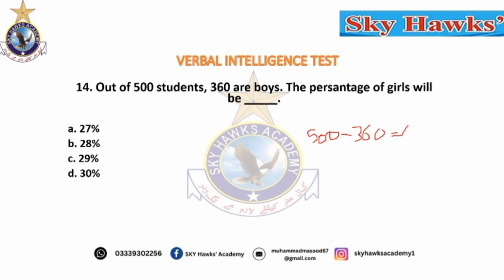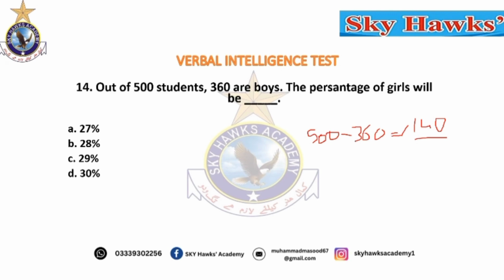You can calculate it by yourself, okay? So here we have 140 girls. We have to divide 140 by 500, because out of 500 there are 140 girls.